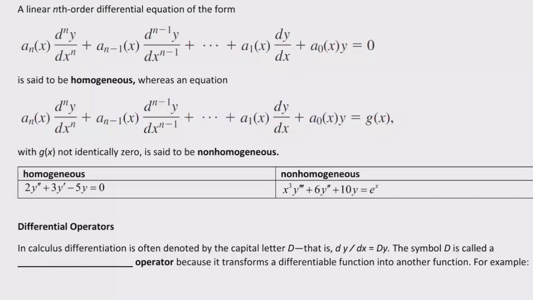And then another definition, differential operator. In calculus, differentiation is often denoted by the capital letter D, that is dy over dx equals Dy. The symbol D is called the differential operator, because it transforms a differentiable function into another function.